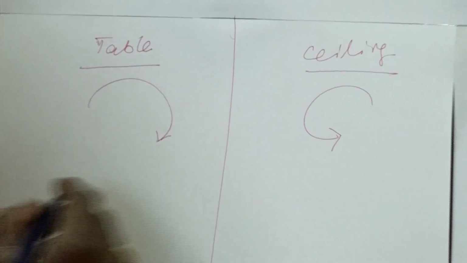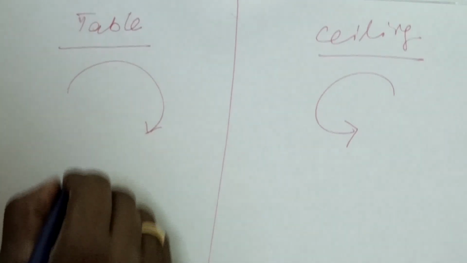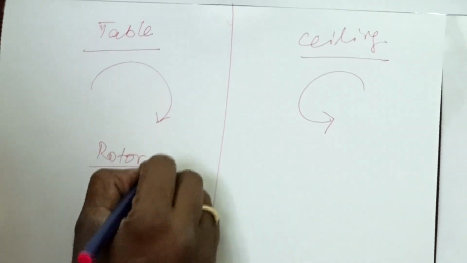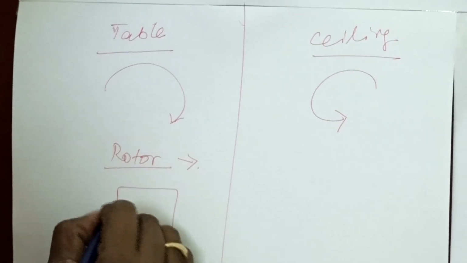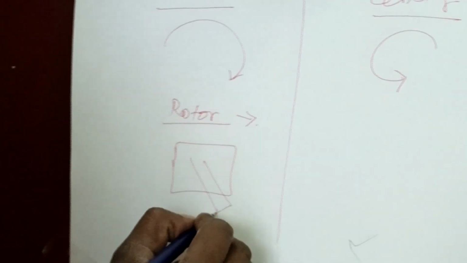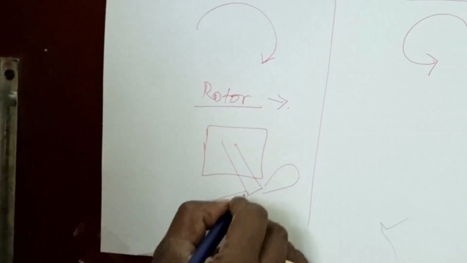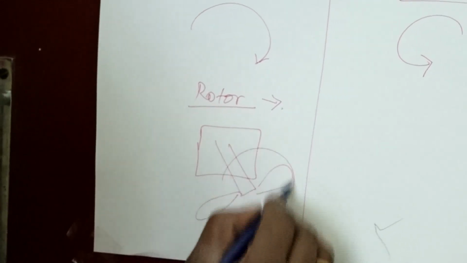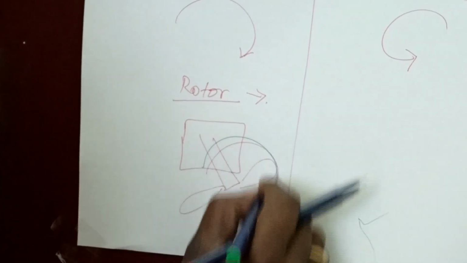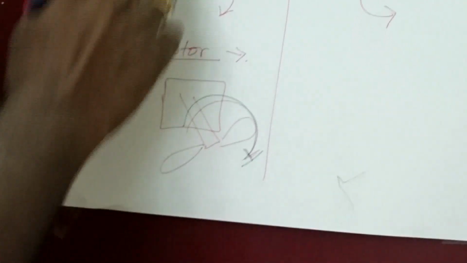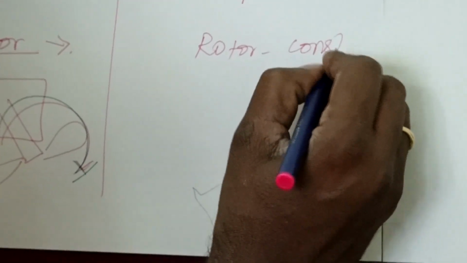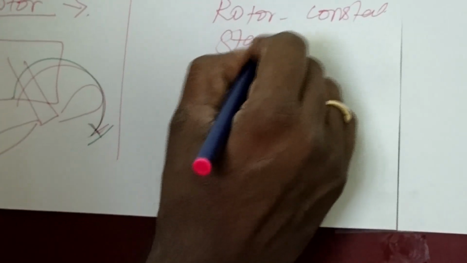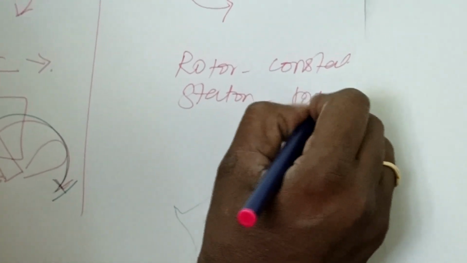Why? Because in that table fan, the rotor is rotating, and your stator is constant. Here we are keeping the rotor along with the blades. That's why the rotor rotates in the clockwise direction in the case of a table fan. But in the ceiling fan, your rotor is constant and your stator is rotating.